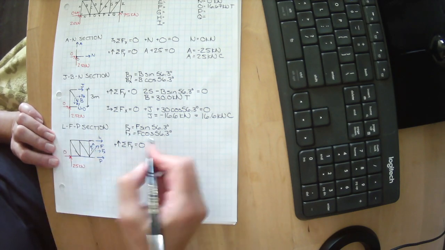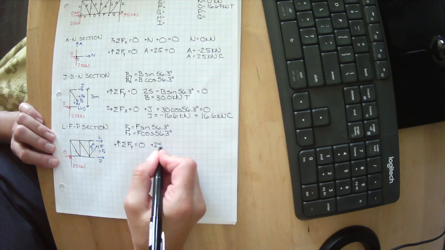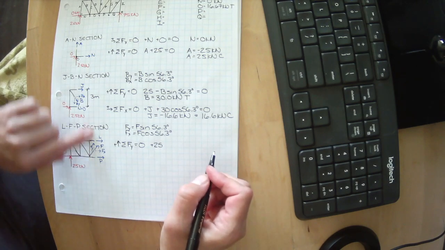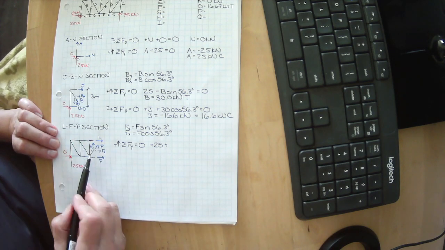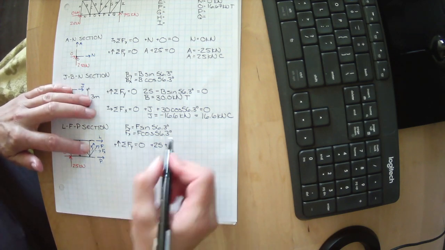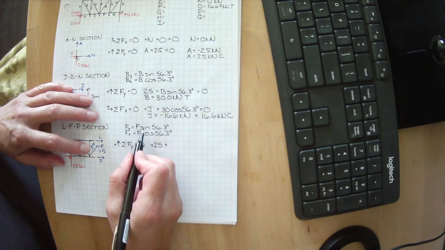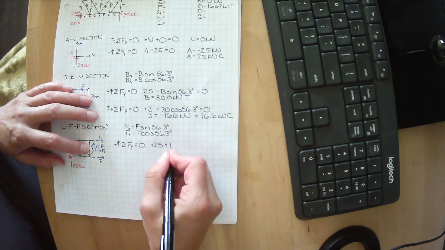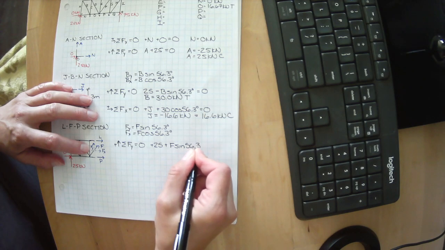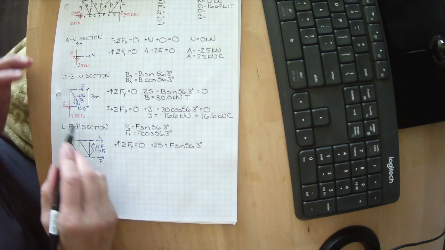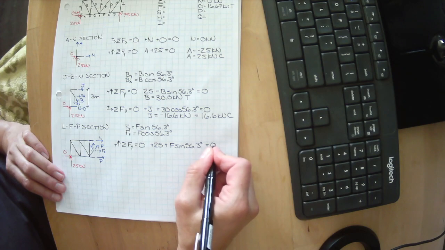We have 25 kilonewtons upwards, which is positive, and we have Fy, which is drawn upwards, so it's positive. Fy we know is F sine 56.3, and that's the only thing going in the up or down direction.